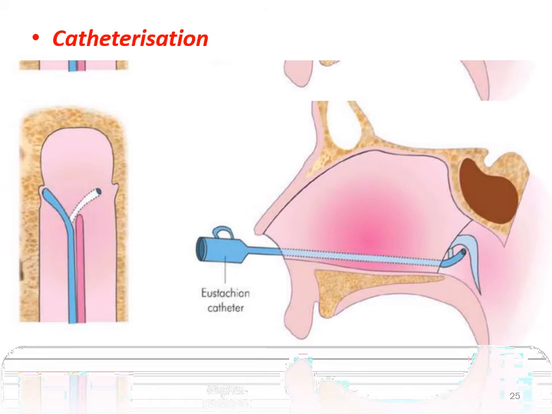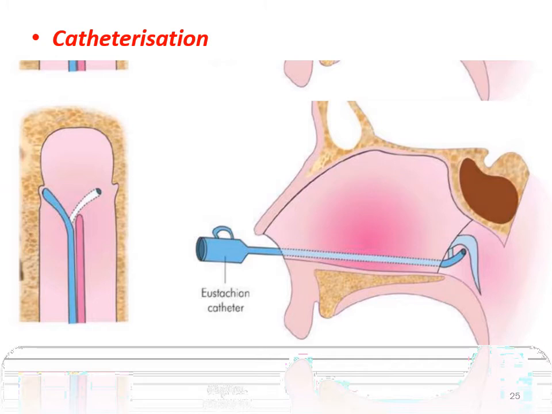And catheterization. In this test, first the nose is anesthetized with local anesthesia using lignocaine, and then a catheter is introduced. The tip of the catheter is generally bent, as you can see in this picture.